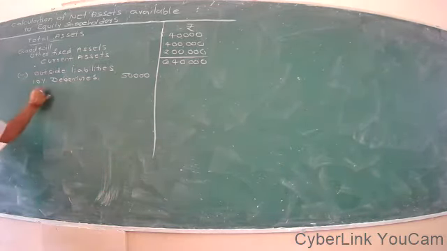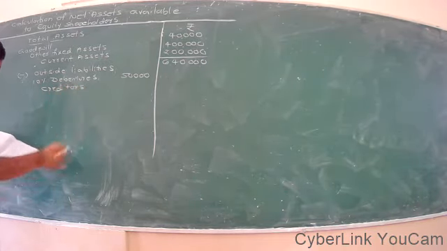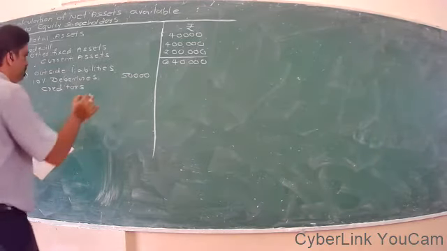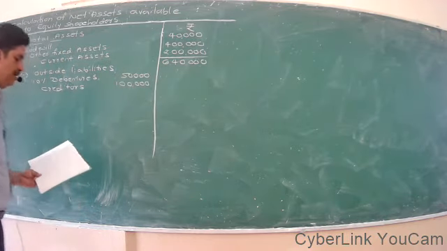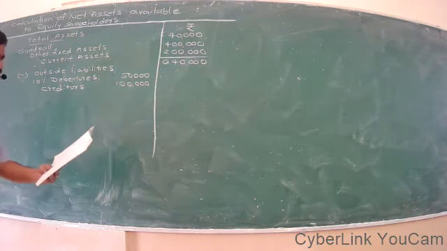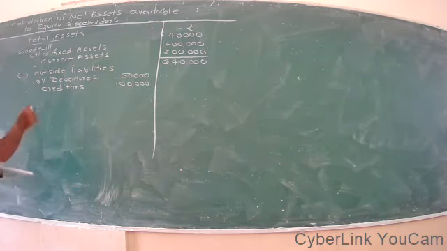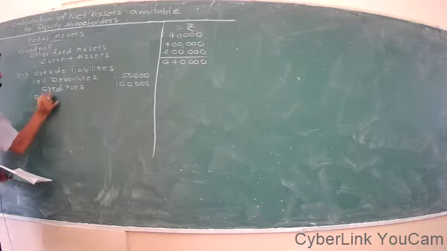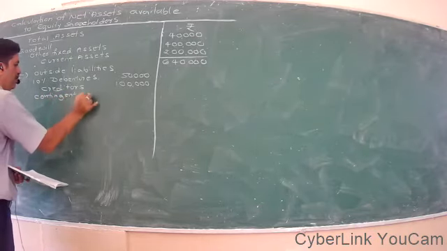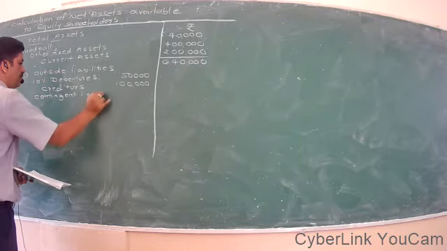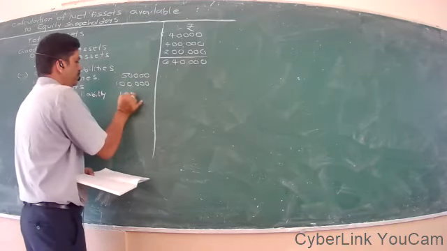Next, creditors, 1 lakh. One more adjustment you have to take, that is the contingent liability, 10,000.